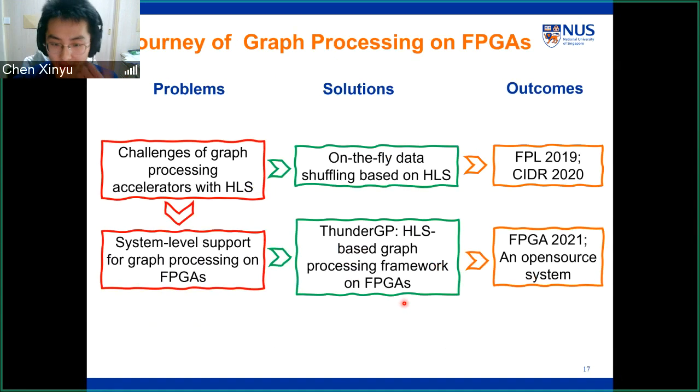Okay, so now we have tackled the challenge of building a graph accelerator with HLS compared to RTL. Then we try to see whether there is some system-level support for graph processing on FPGAs, so that we can make this ecosystem better.